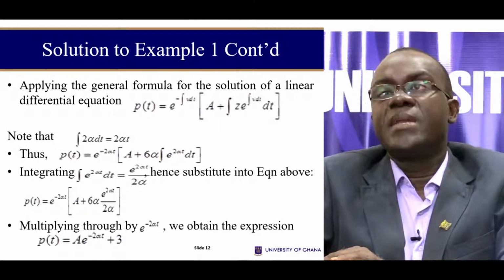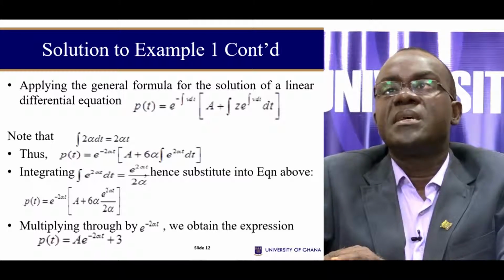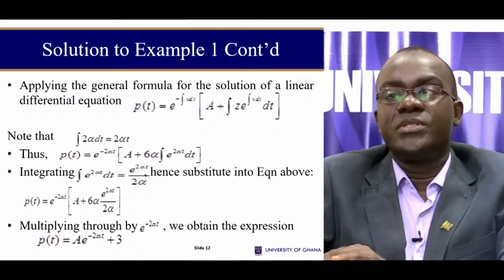It means I can write my general solution straight away. What I'm left with is how to simplify this integration. This integration gives me that. I slot it in here, expand it, and when I reorganize them, I get this nice equation to be our solution.